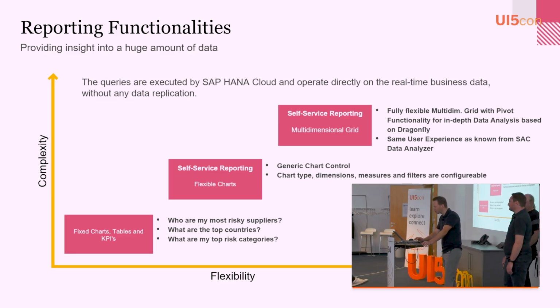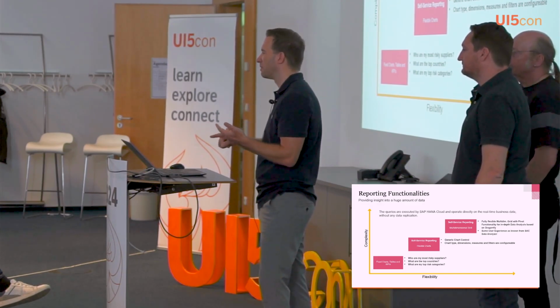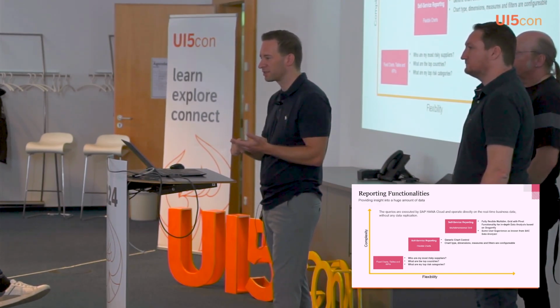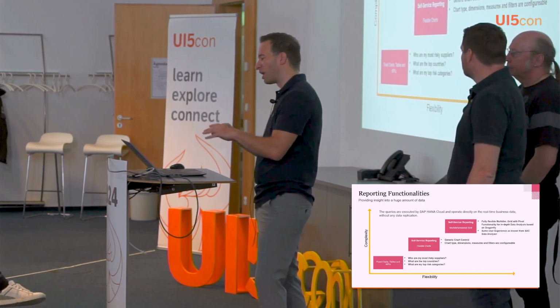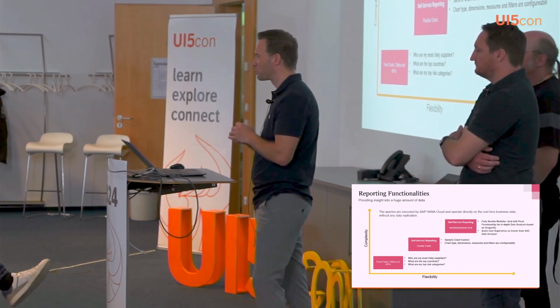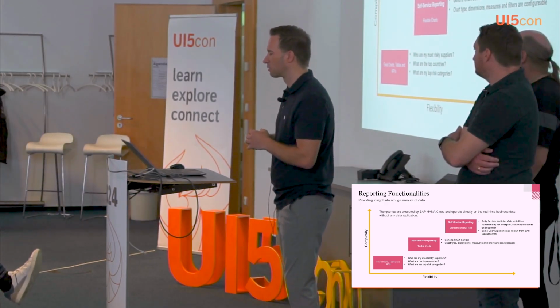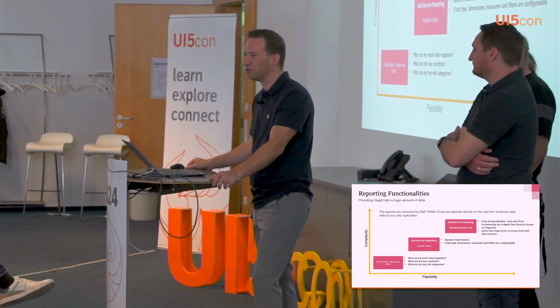On top of it, we also provide self-service reporting functionalities. On the one hand, we have flexible charts, which can be configured by the user in terms of dimensions, measures, filters, and chart types. Then we also have the multi-dimensional grid, which is a quite new control or component in UI5.